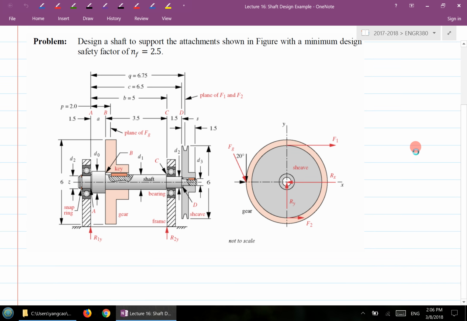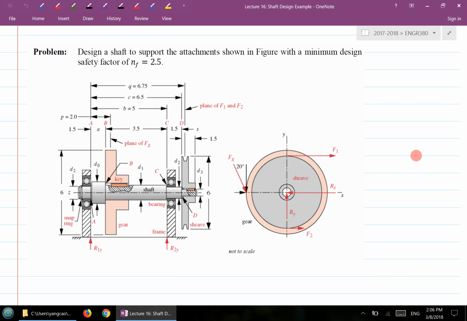Alright, so this is the shaft we're going to design here. I'll show you the typical process for designing a shaft.